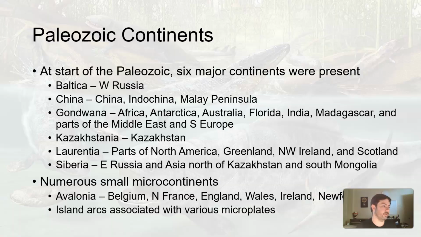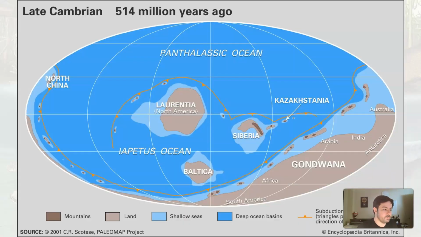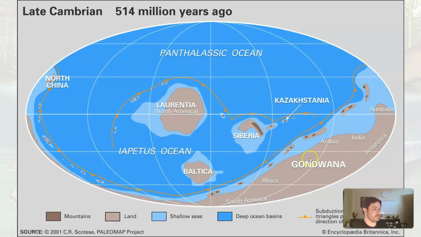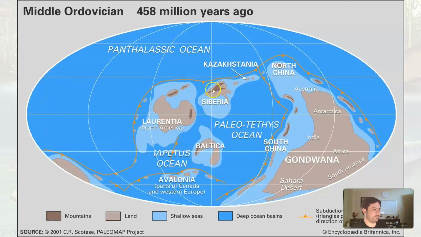paleogeographic maps. They're really cool. They can be, I don't say boring, but somewhat plain, just maps that look like this. As we're going through the history of the Earth, we'll come back to these in part, but I just wanted to show you what they look like. They can show you things moving around. So, for instance, looking at Siberia is now up here.